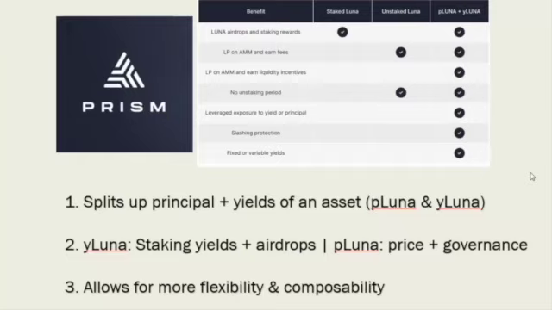It only has exposure to the cash flow that is generated from Luna, which is the staking yield and the airdrops, and they discount it back to the present value. So this allows for a lot of flexibility and composability, and there are a lot of interesting things you can actually do with Y Luna and P Luna.